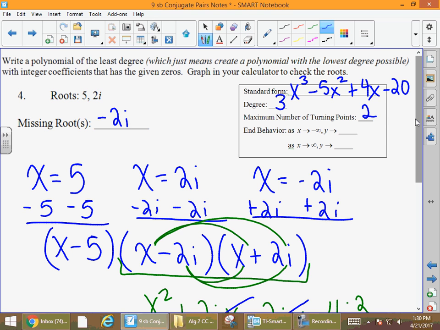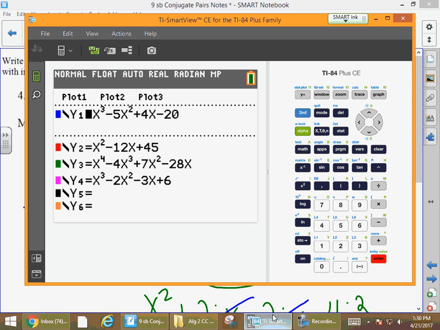And here's the thing, once again. If you cannot look at the equation and go, oh, the end behavior is this, what we're going to do is look at this on the calculator. And I know I've got some equations in the calculator, but x cubed minus 5x squared plus 4x minus 20, there's our answer. Let's look at the picture.